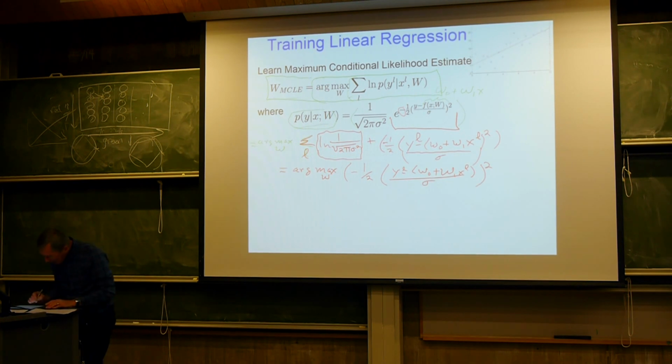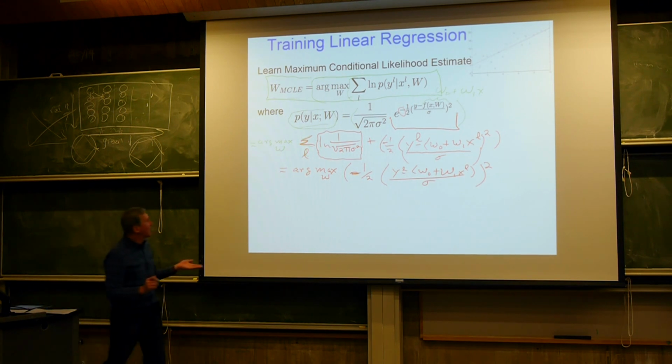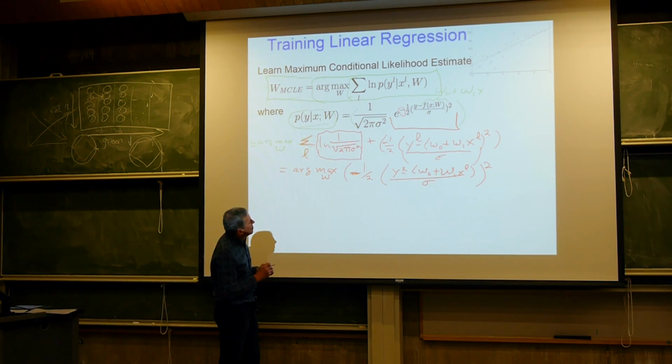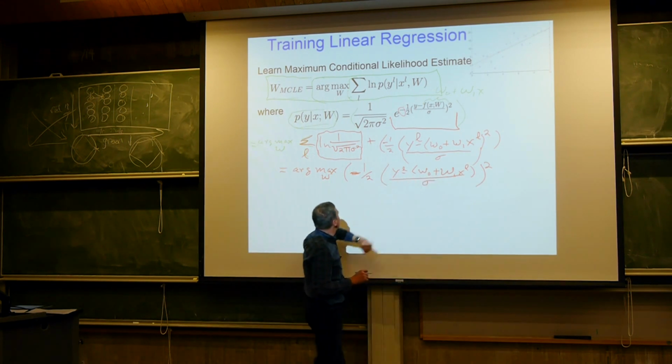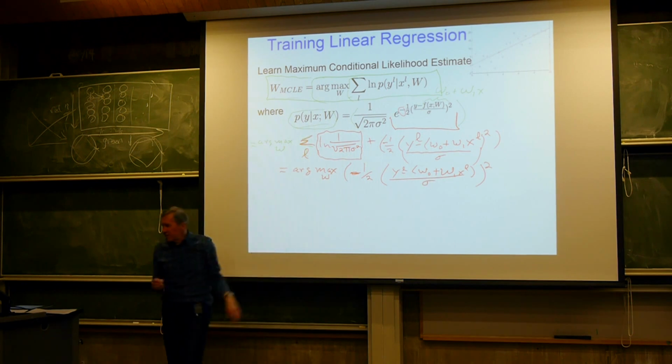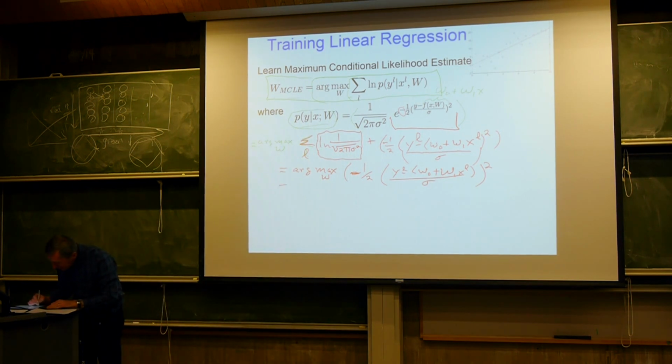Cool. Okay, and well, let me put it this way. This is a negative quantity, because this square is always going to be positive, of course. So this is negative. So I could just rewrite this as arg min, get rid of my negative sign, of, oh, let me bring the sigma out.